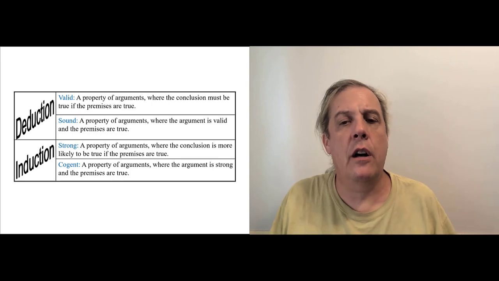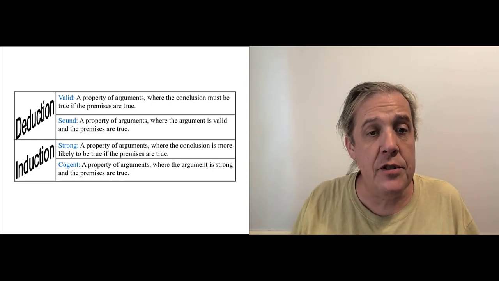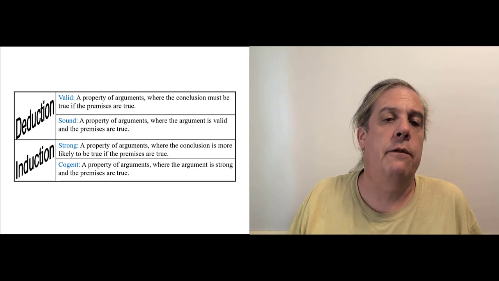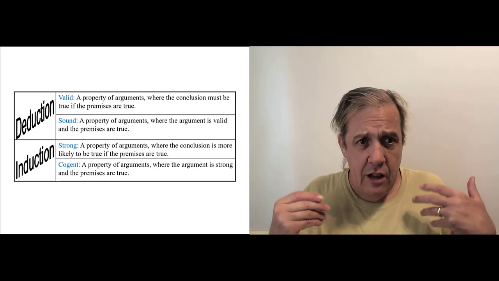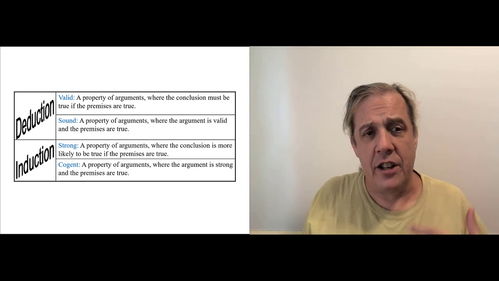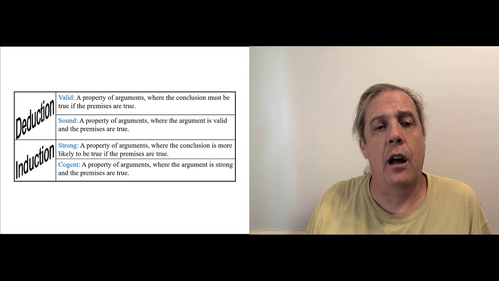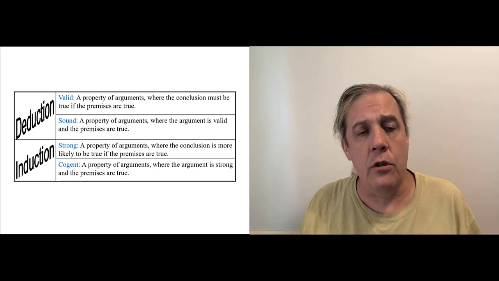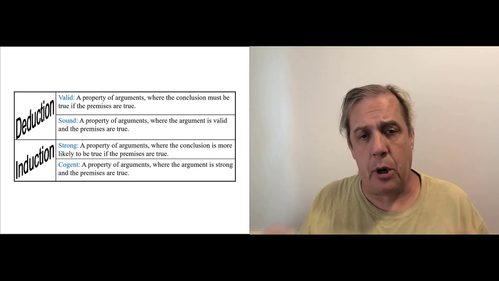Okay, so that gives us our 4 basic terms for evaluating arguments. If arguments are deductive, if you're trying to be like math, then your arguments are going to be either valid or sound. So if they're valid, the inference is perfect.